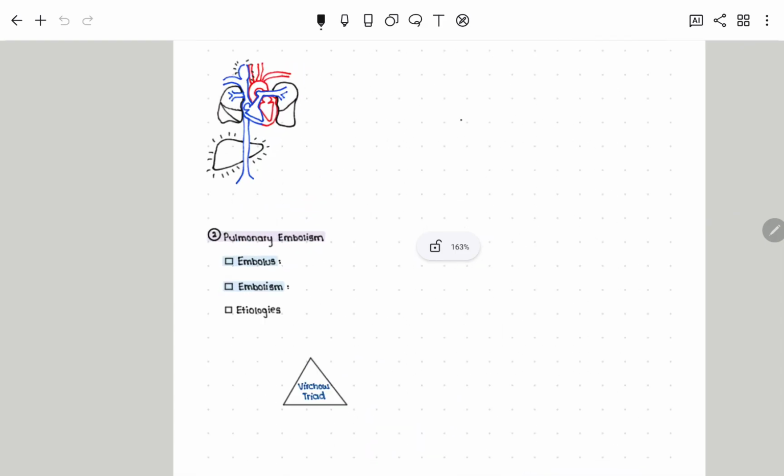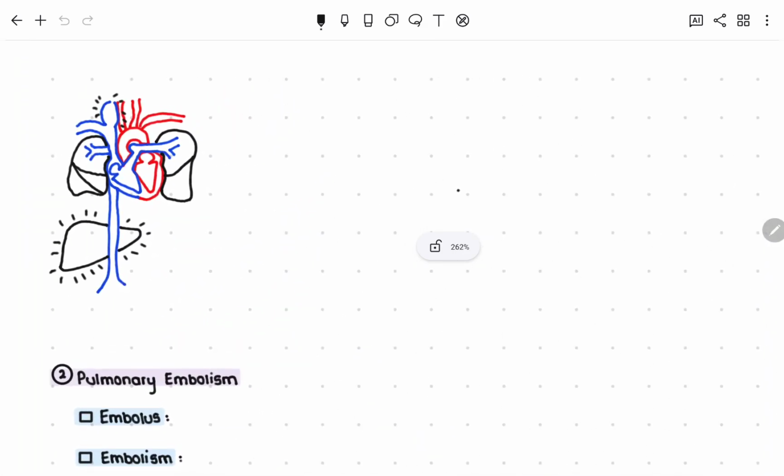And so now we are going to discuss some of the morphological changes that take place due to an increased pulmonary artery pressure at the level of the heart and at the level of the pulmonary artery itself.